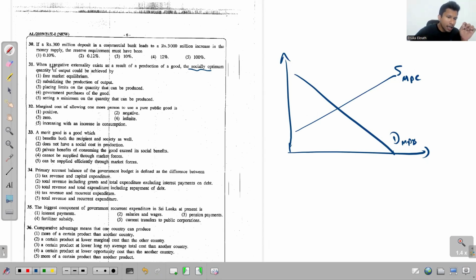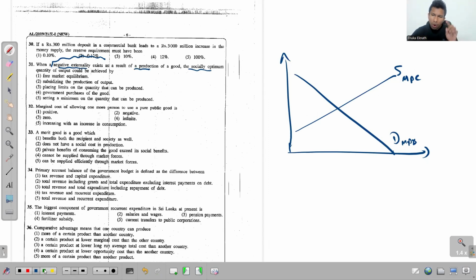So if there are negative externalities in the production, the marginal social cost has to be higher than the private cost. What did I tell you? Social cost has to be higher than the private cost if there are negative externalities in production.